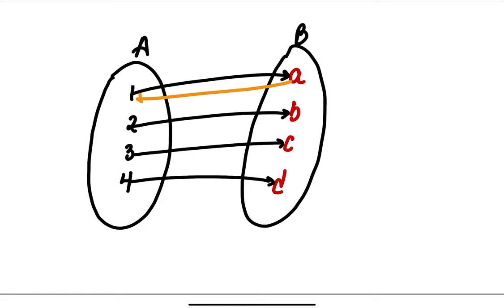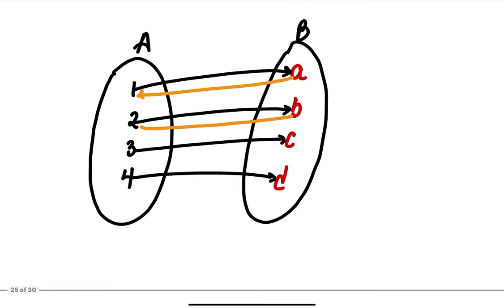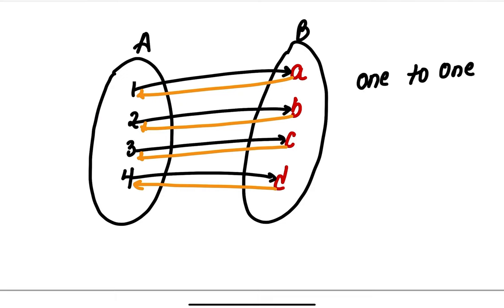A is going to 1, B is going to 2, C is going to 3, D is going to 4. And this is a function both ways. But if 2 was also going to A, then the reverse operation would not be a function. So the number one condition for a function to have an inverse is it has to be a 1-to-1 function.